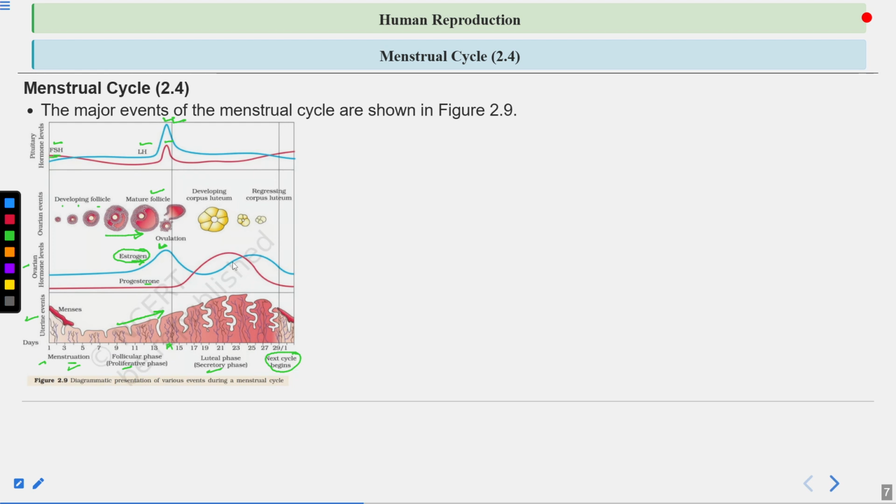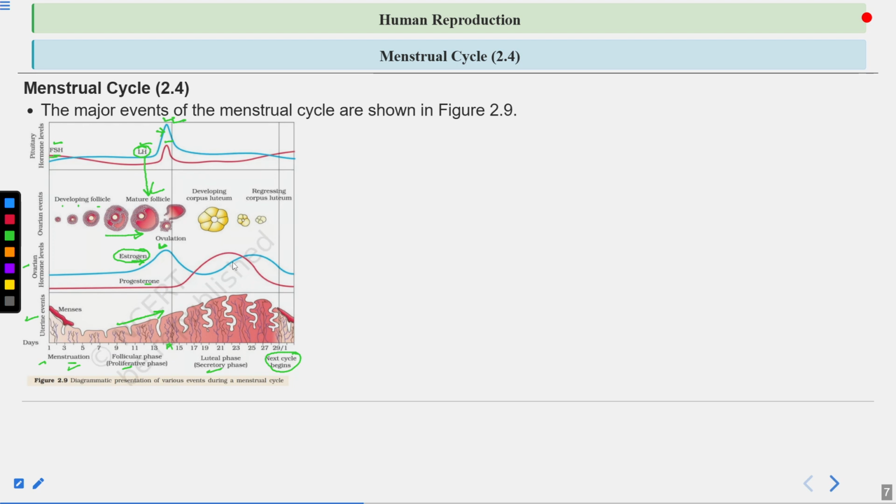Now this LH, luteinizing hormone, will cause the rupture of the mature follicle, also known as the Graafian follicle. This sudden, rapid increase in LH is known as the LH surge. This LH surge leads to the rupture of the Graafian follicle, and when the Graafian follicle ruptures, the secondary oocyte is released.